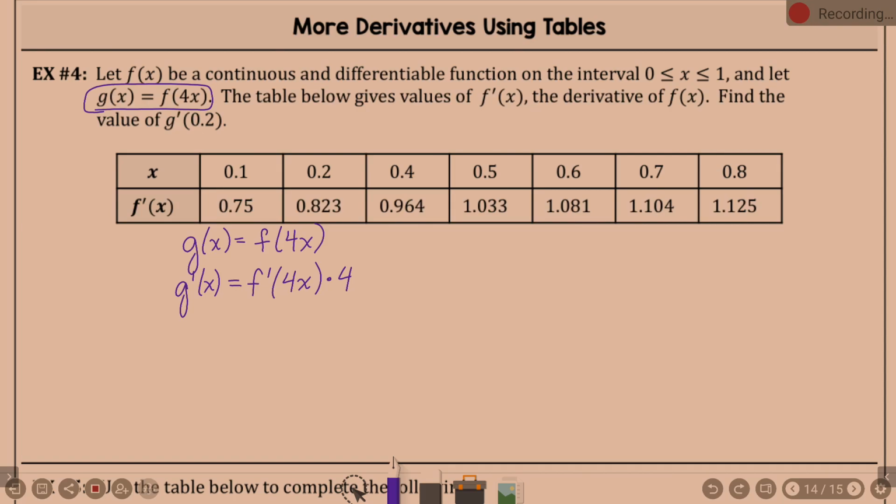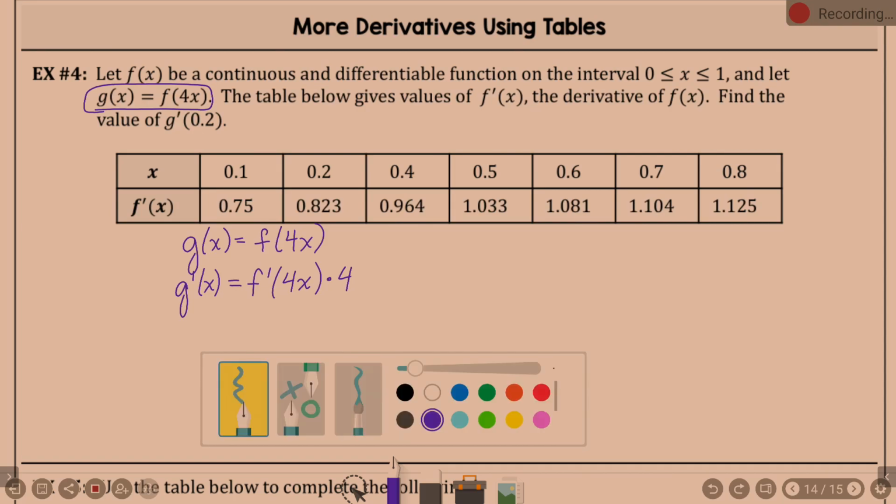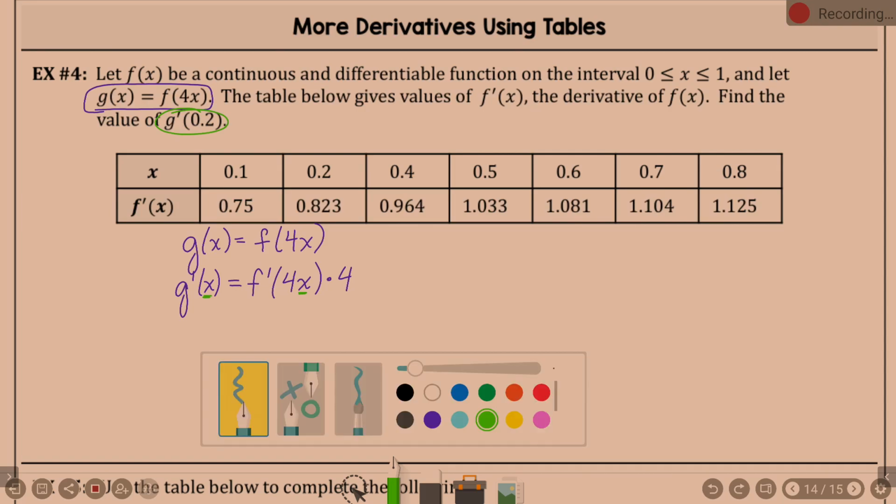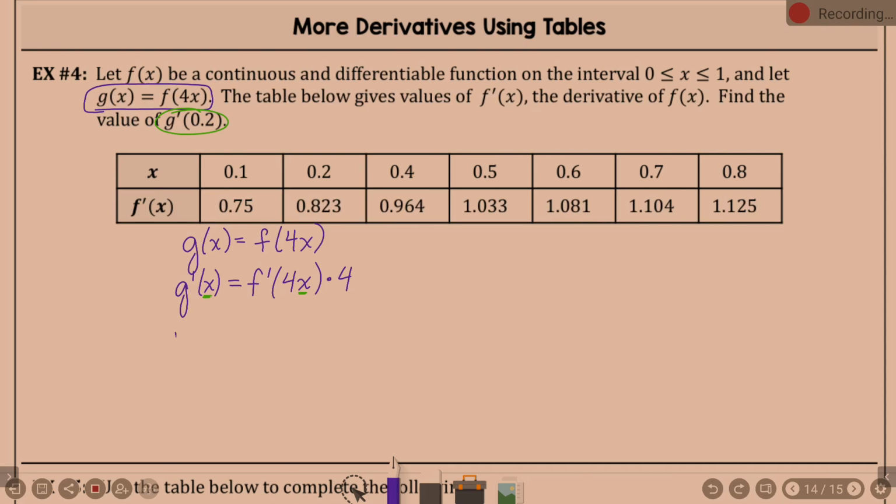What were we asked to do? g prime of 2/10. So what do I need to do? Fill in my x's as 2/10. So now I'm doing g prime of 2/10 is equal to f prime of 4 times 2/10, times 4.